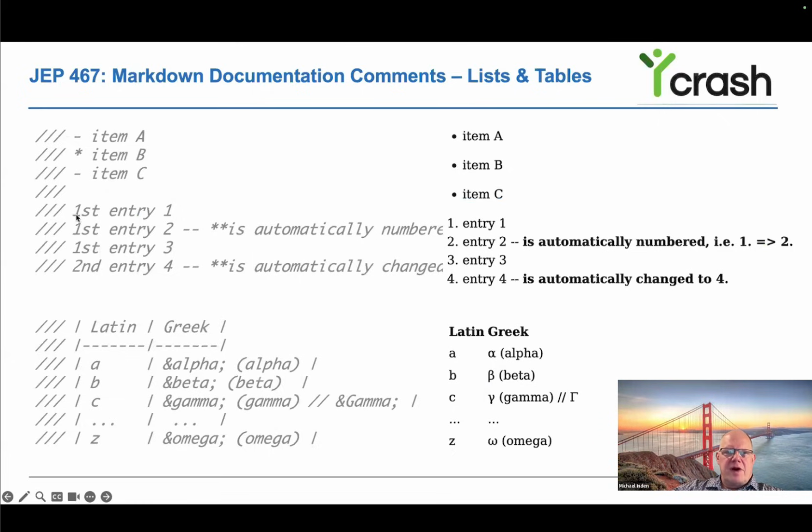You can specify numbered lists. You are not forced to use continuous numbering. Markdown tools just auto-correct the numbers, but to do yourself a favor, number them correctly. You can specify simple tables. So this is a nice, cool feature.